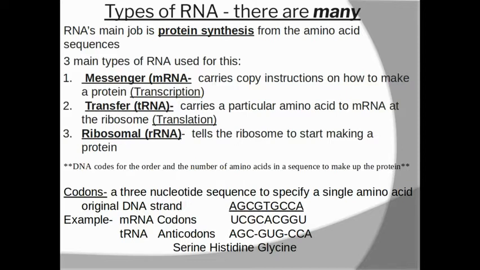The messenger RNA is a copy of the instructions that will be carried to the ribosome to be able to make a protein. The copy is called transcription. Now, the word transcription means to rewrite or transcribe.